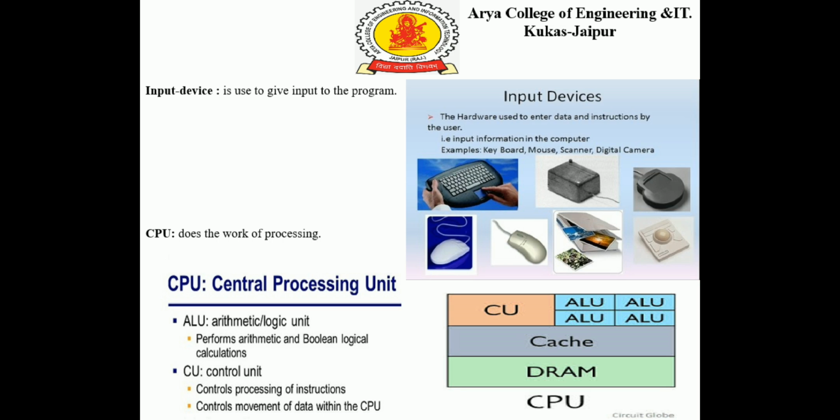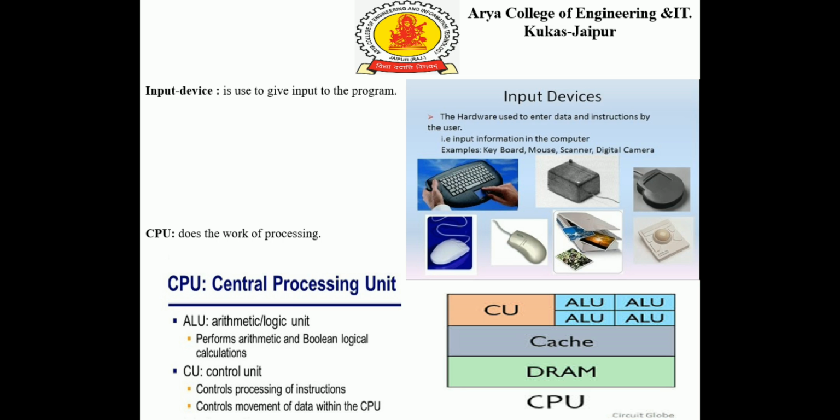The central processing unit, the CPU, is the unit that is responsible for carrying out different mathematical operations and different operations for input and output, receiving the data and giving the data to the output unit. It has the ALU, arithmetic logic unit, and the control unit. The arithmetic logic unit is used to perform all of the mathematical operations, Boolean and logical calculations and all.